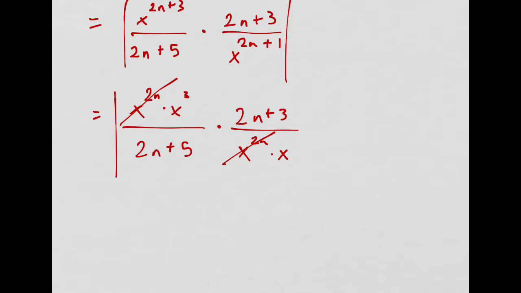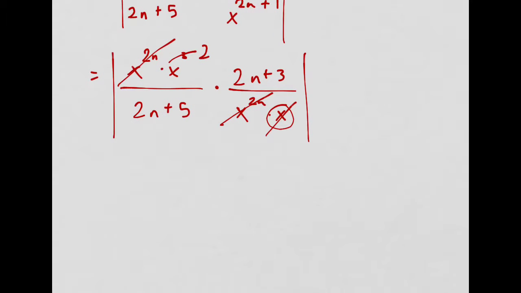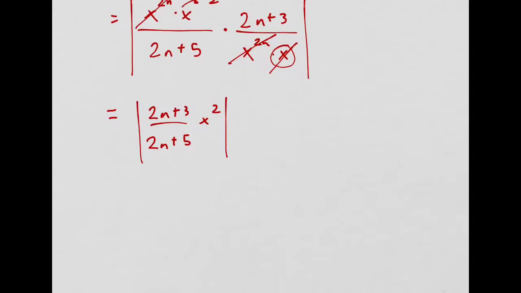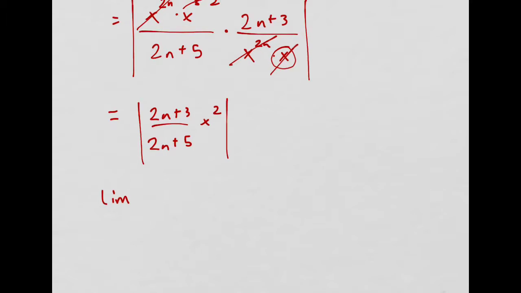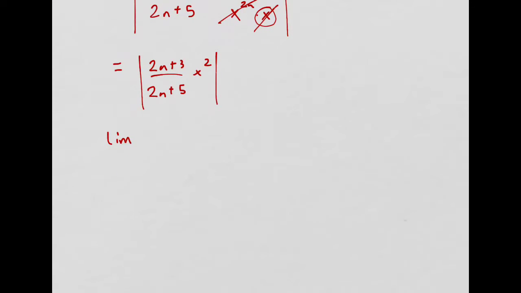Very good, and that's an absolute value, and then this cancels out with one of those, so that becomes an x squared. So really what I have is 2n plus 3 over 2n plus 5 times x squared, and now I can take the limit, because the ratio test involves taking the limit and ensuring that it's less than 1, and then we can plug in the endpoints afterwards.